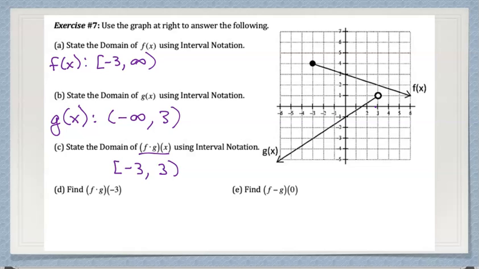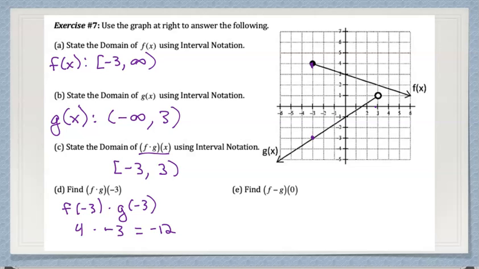So, for example, if I'm finding f times g of negative 3, I'm saying f of negative 3 times g of negative 3. Well, f of negative 3 is 4. G of negative 3 is negative 3, and 4 times negative 3 is negative 12.